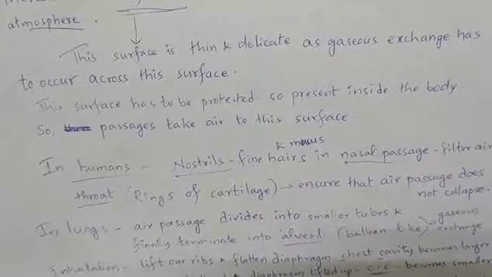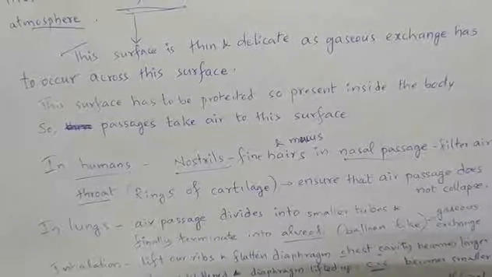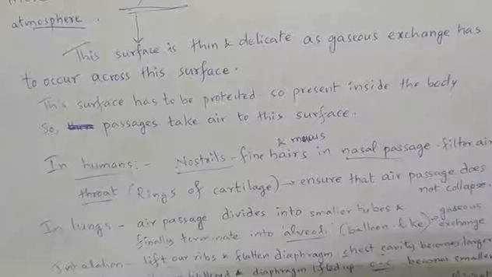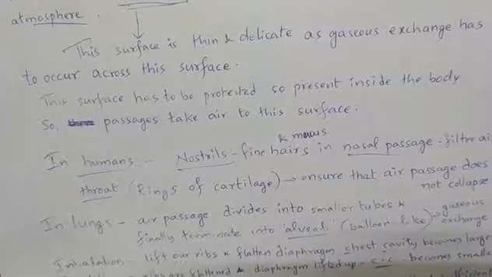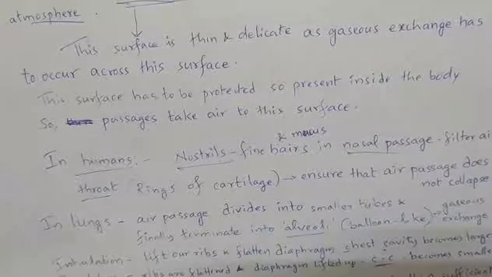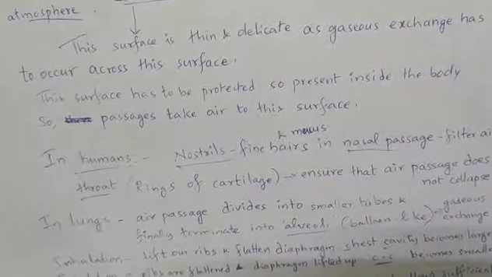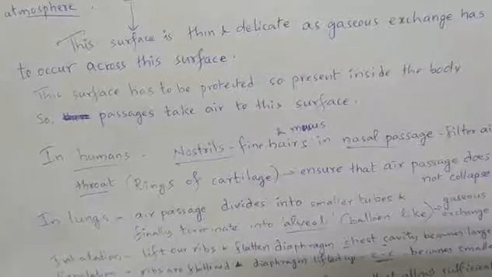These air passages bring the oxygen-rich air to the surface, and then gaseous exchange occurs. In humans, this air passage includes nostrils, nasal passage, then bronchi, bronchioles, then alveoli.